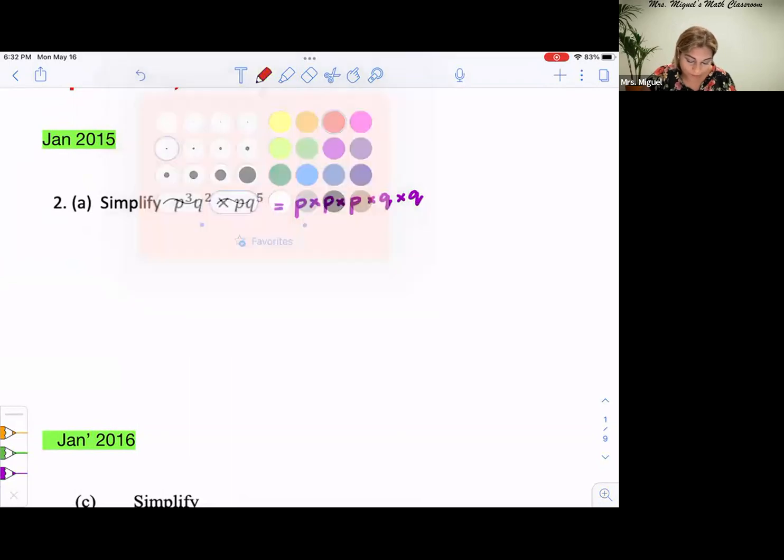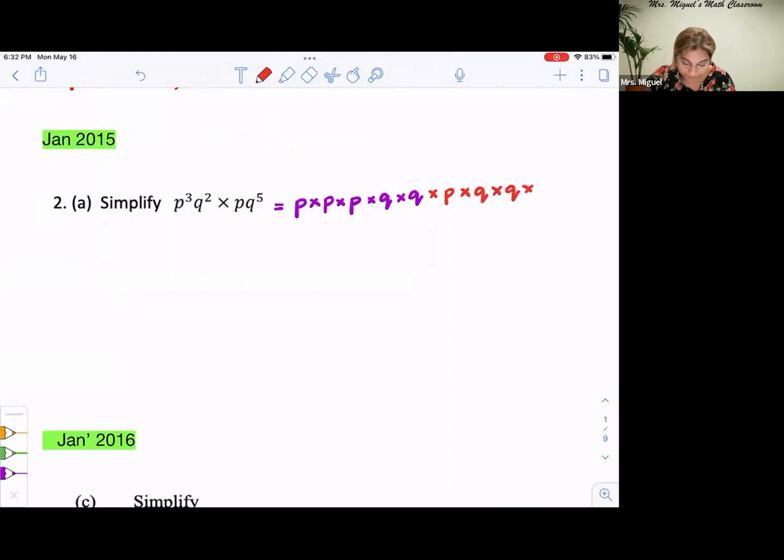So now we are going to multiply p to the power 1 by q to the power 5. Now we have 1, 2, 3, 4 p's. So this is p to the power 4. And I have 1, 2, 3, 4, 5, 6, 7 q's. Q to the power 7.